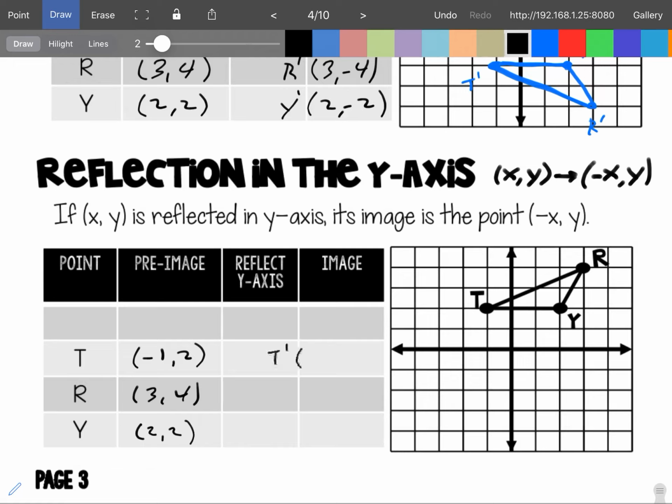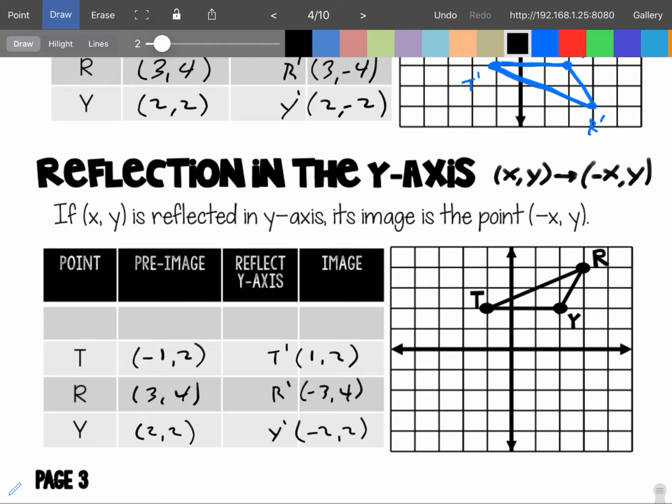So T prime, we are going to take the negative of the x and leave the y alone. And then R prime, and then Y prime, the same: take the negative of the x and leave the y alone.